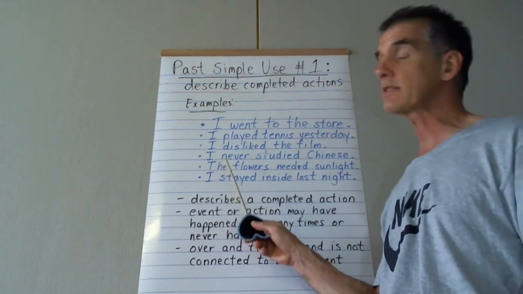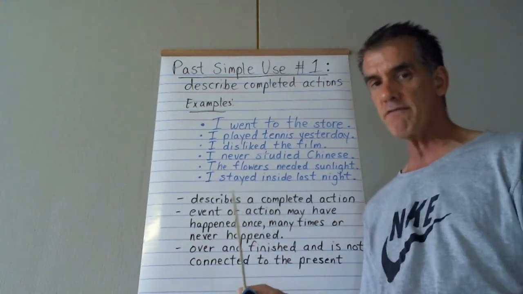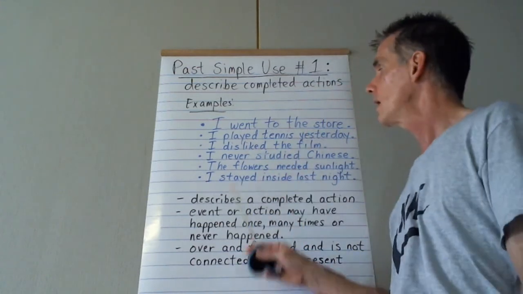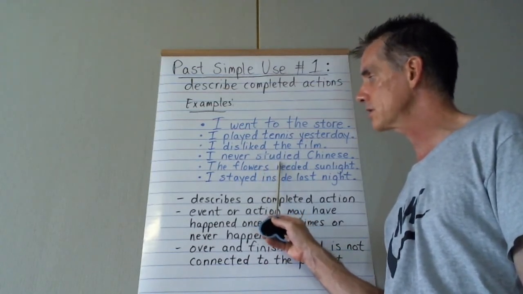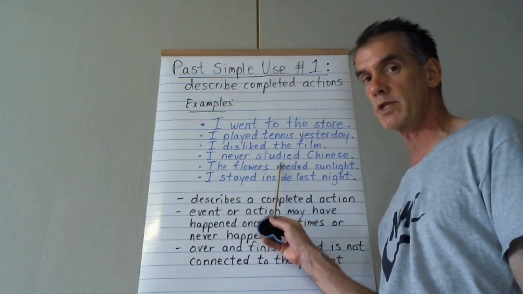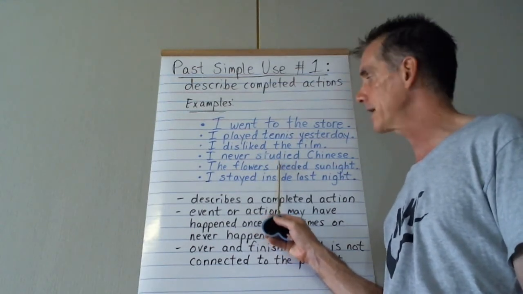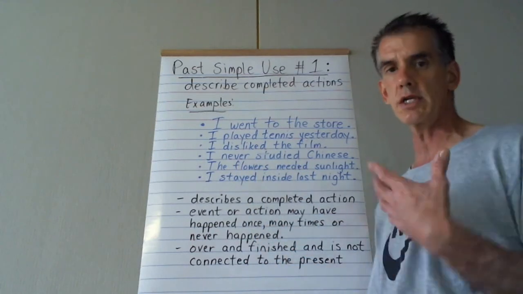Okay? The next example is I never studied Chinese. So studied obviously is the verb here, and study is one of those verbs that in the past tense you change the Y to I and add ed to form the past tense. So I never studied Chinese.